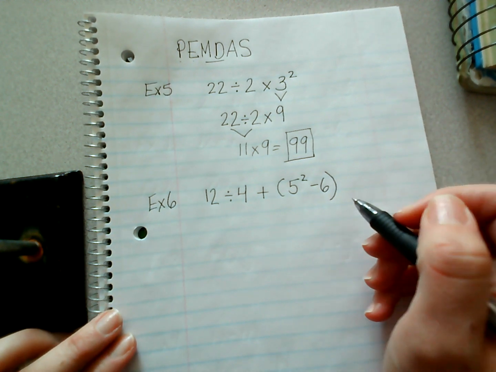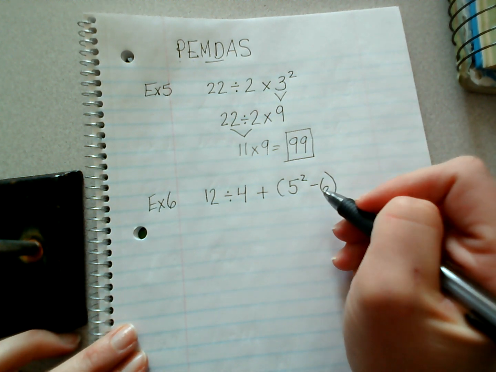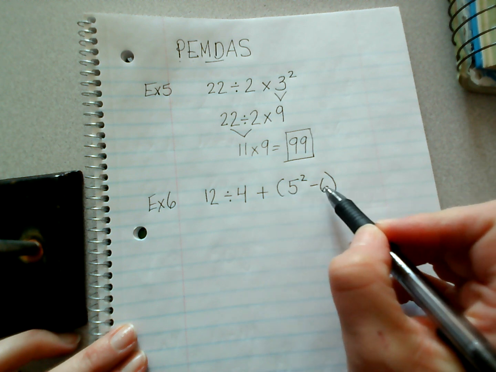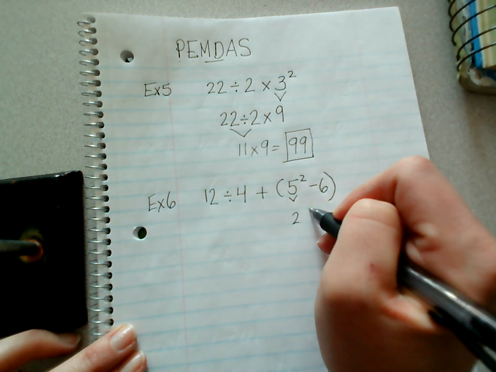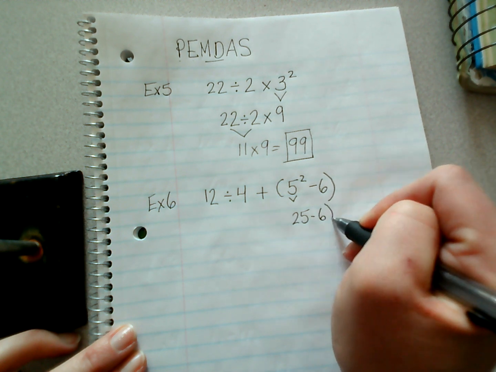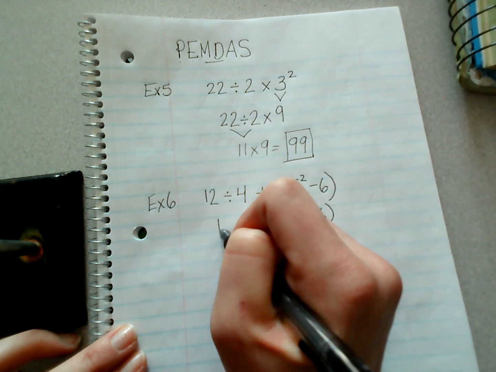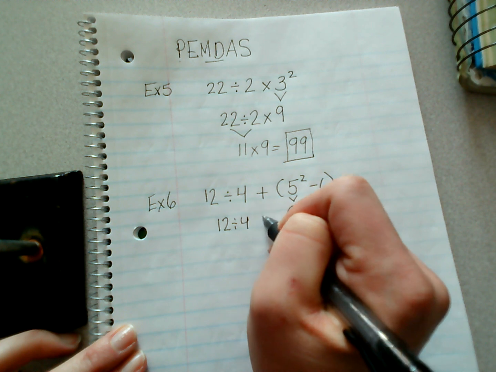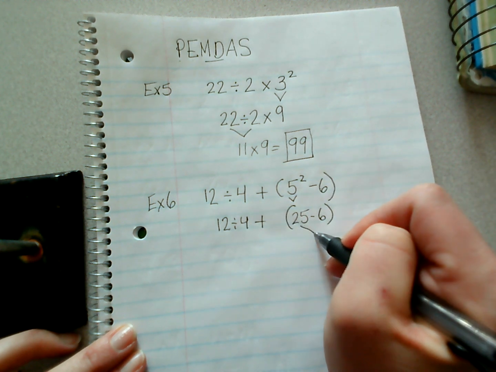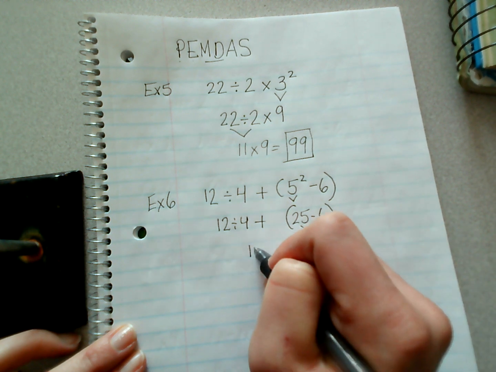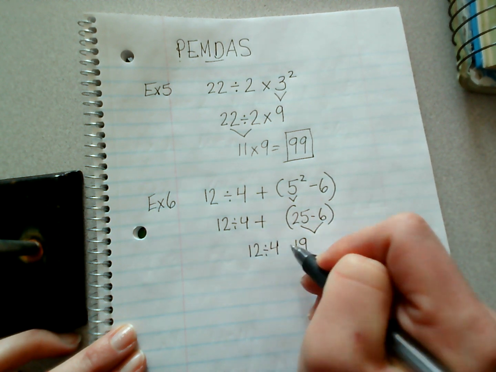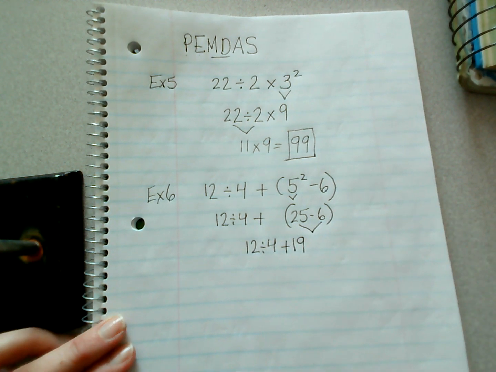All right, so let's see what you got here. We first want to take care of parentheses. Inside of the parentheses, we need to take care of 5 squared, which is 25 minus 6. We still have everything else. 25 minus 6 is 19. 12 divided by 4 plus 19.